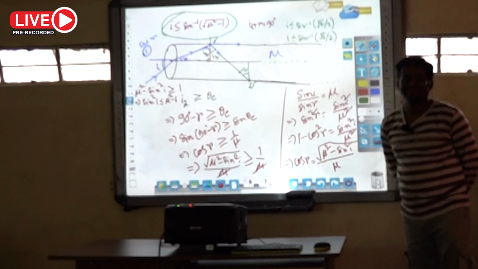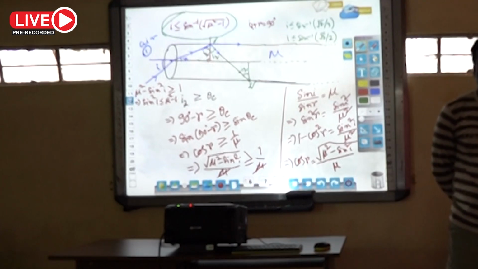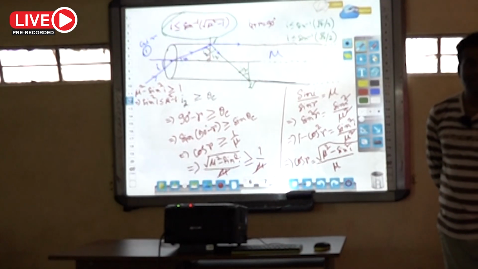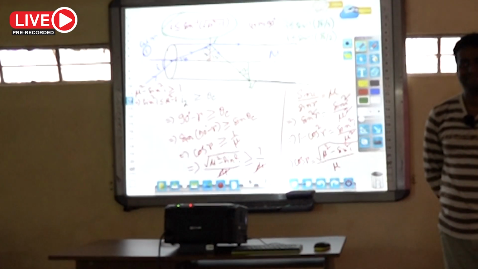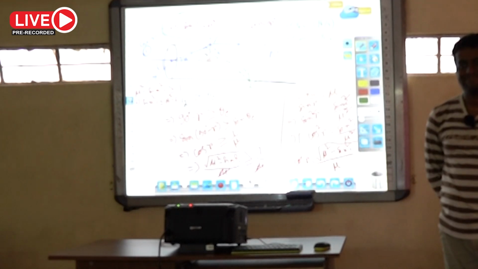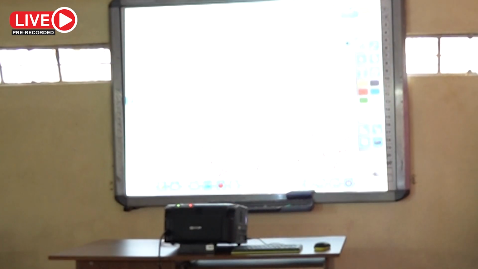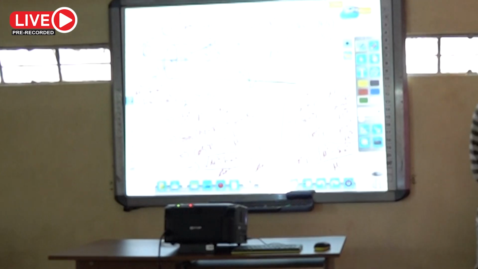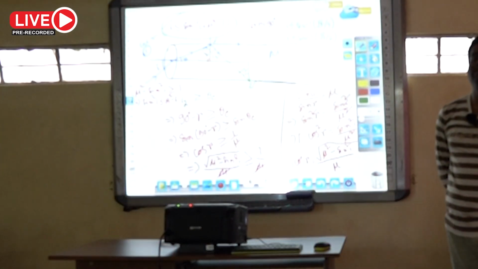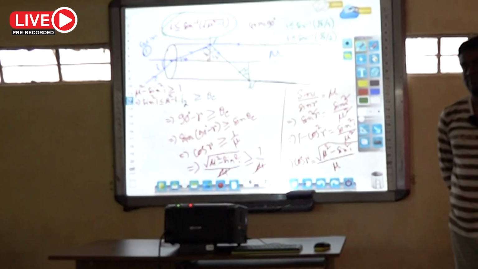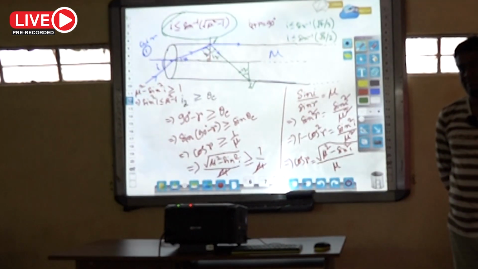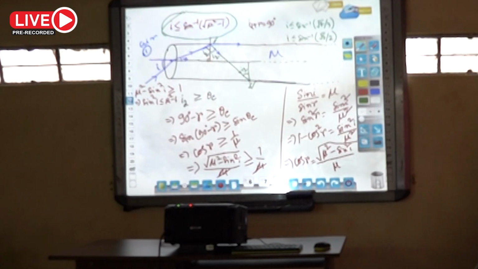Now, is there any discrepancy in the result? First one is using the water cylinder, second one is using the glass cylinder. Is there any discrepancy in any of the results? Between these two calculations, one is a valid calculation, the other one is an invalid calculation.